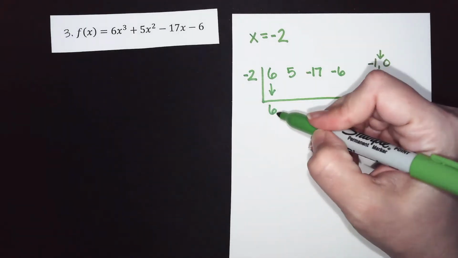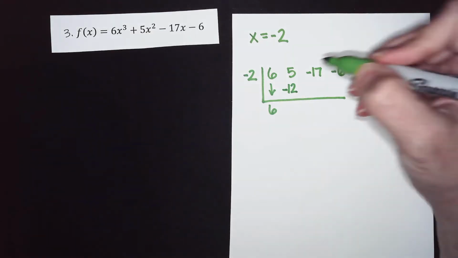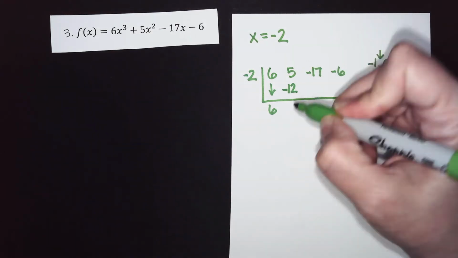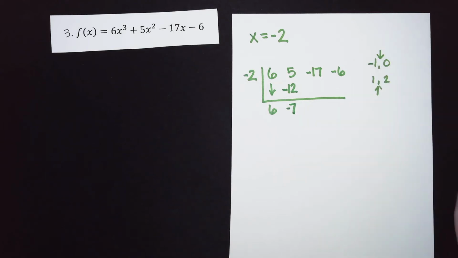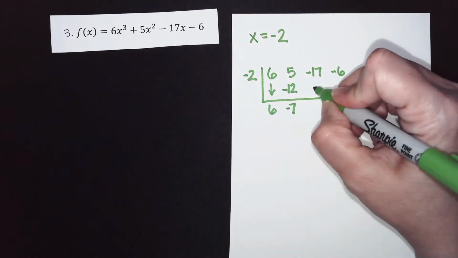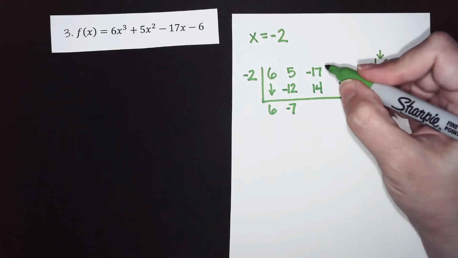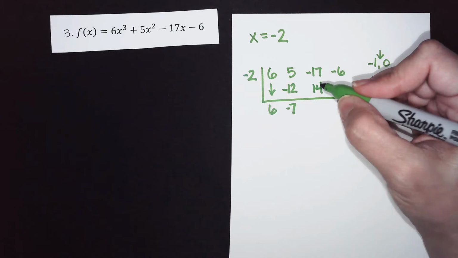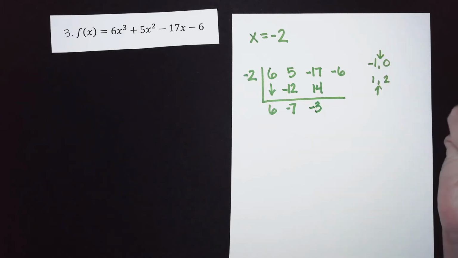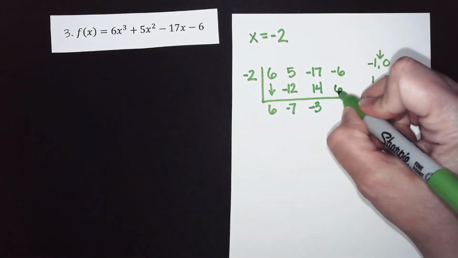Negative 2 times 6 is negative 12. 5 plus negative 12 is negative 7. Negative 7 times negative 2 is 14. Negative 17 plus 14 is negative 3. Negative 3 times our negative 2 is 6.